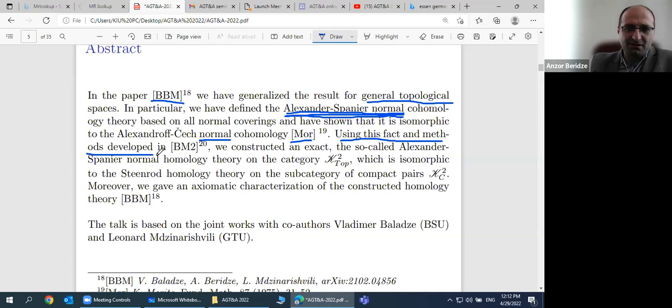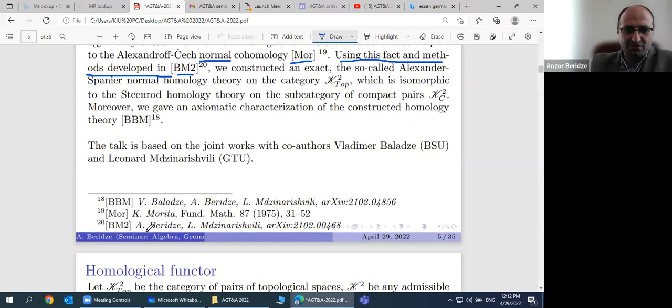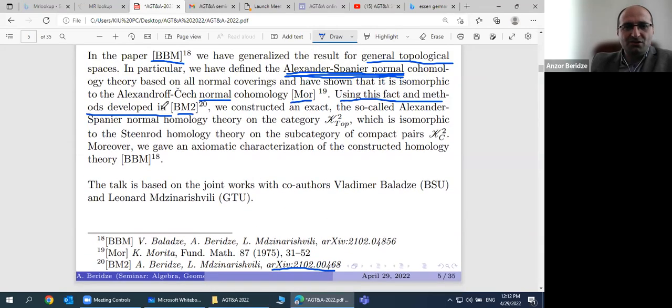developed this method in our paper with Professor Zinarishvili. We have joint work. It is not published yet. It is archived, but it is submitted to publish. And using this approach, we construct the so-called Alexander-Spanier normal homology theory.